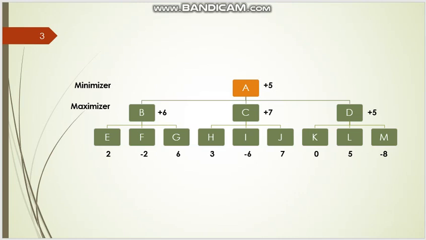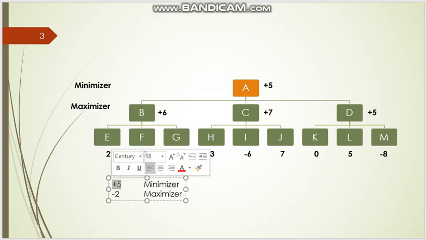Here we can write that plus 5 is the value chosen by the minimizer, and minus 2 is the value chosen by the maximizer, right? So plus 5 is the game value if player 1 is the minimizer, and if player 1 is the maximizer, then minus 2 is the value.